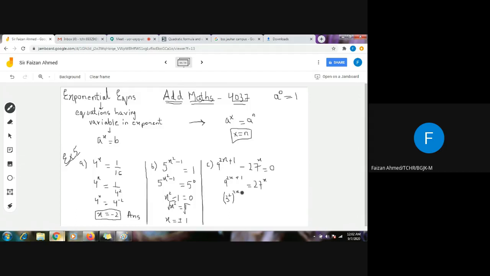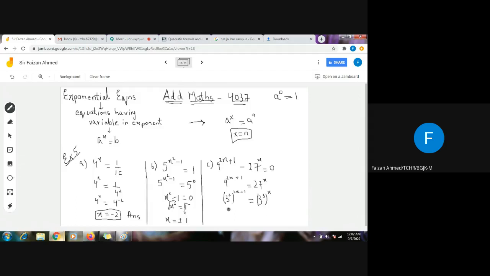And I can write 27 as 3 to the power 3, cubed. 3 times 3 times 3 is 27, and this x will be outside. So now what will I do? I will just apply the double power law, that is, multiply both the powers.